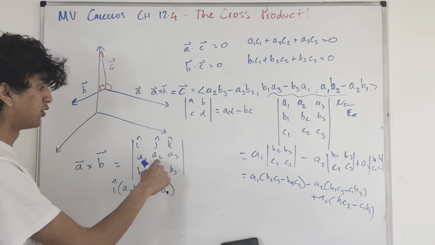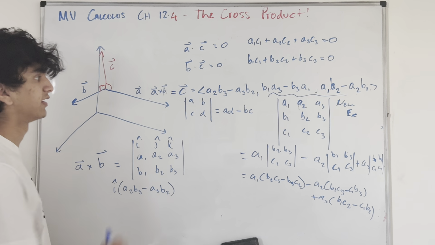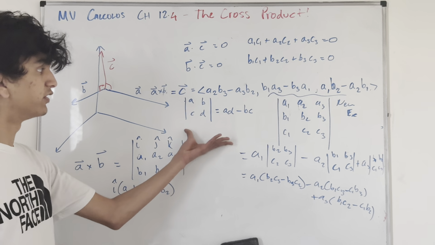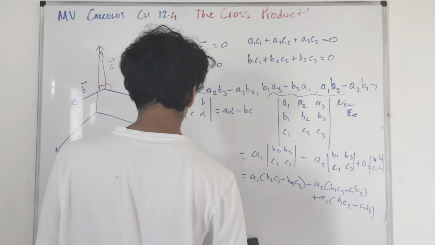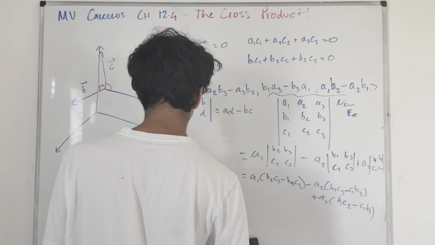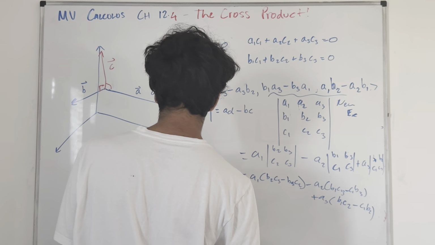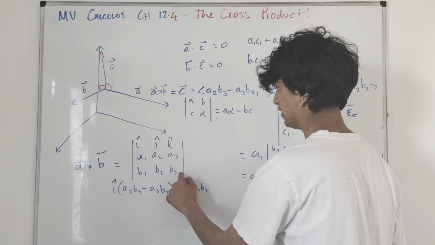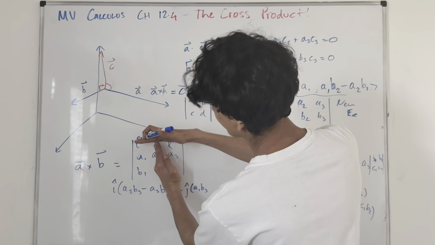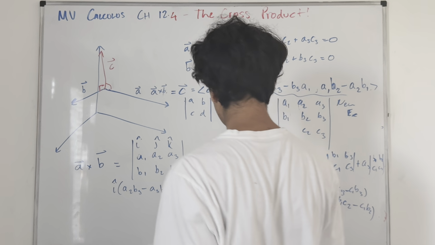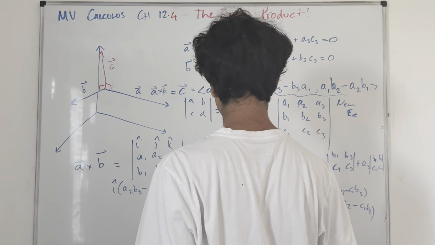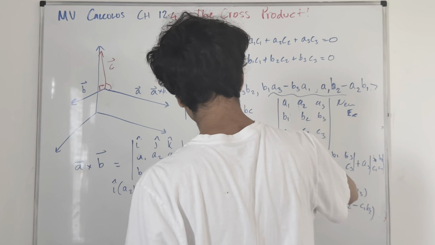Remember, I multiply the diagonals and then subtract the other diagonal. Then minus J hat, don't forget that, times A1 B3 minus A3 B1.